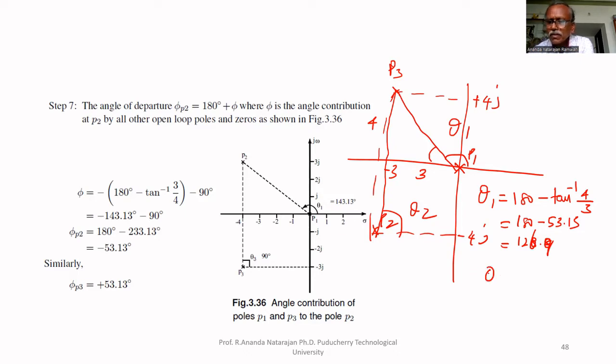Theta 1 is 126.9. Theta 2, obviously, is 90 degree.